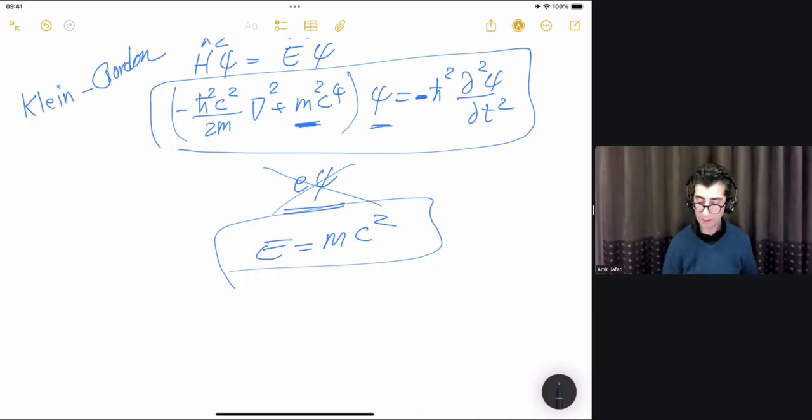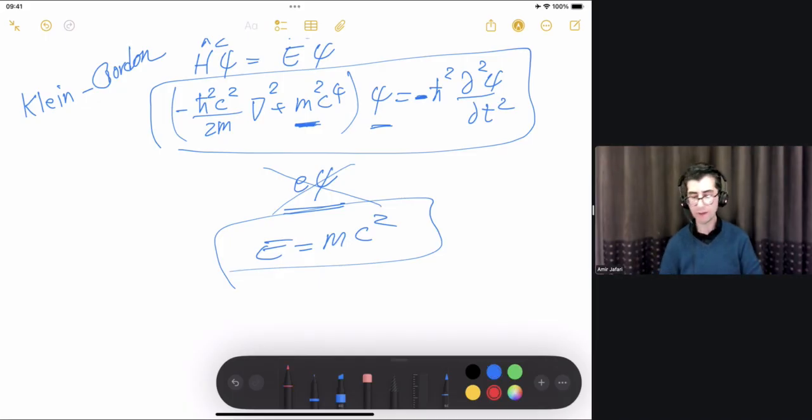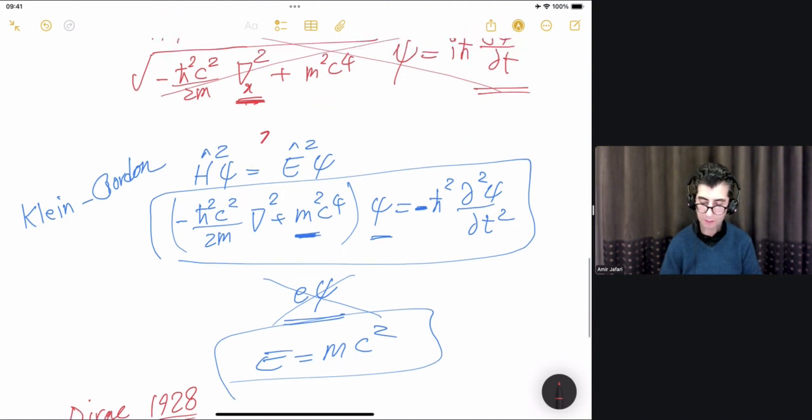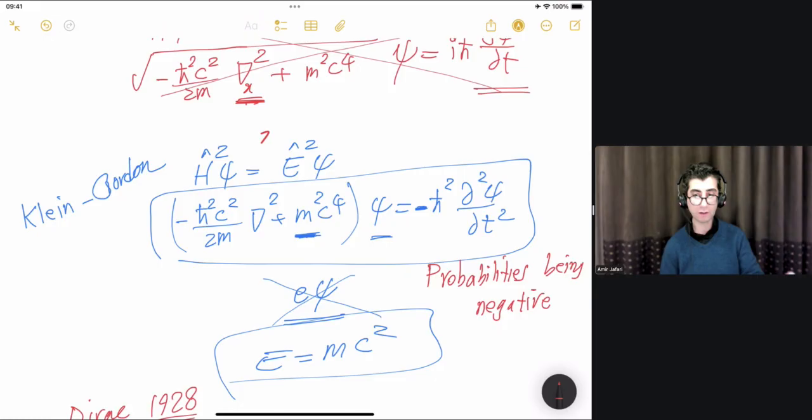For example, Dirac, after Klein-Gordon and Schrödinger, and many other people, actually obtained this Klein-Gordon relativistic equation, and discarded it or worked on it. Then Dirac, I guess in 1928 or 27, something like that, said, look, this problem of probabilities being negative, so sometimes they can be positive for the Klein-Gordon equation, sometimes negative, but this is the main problem.